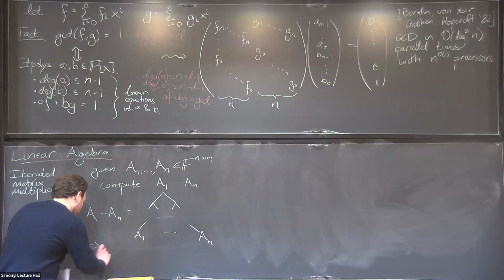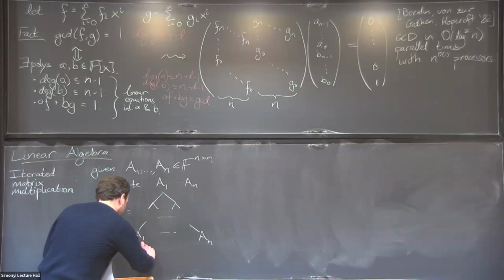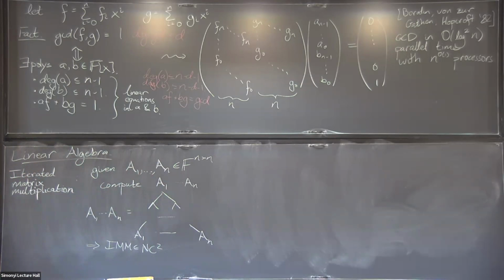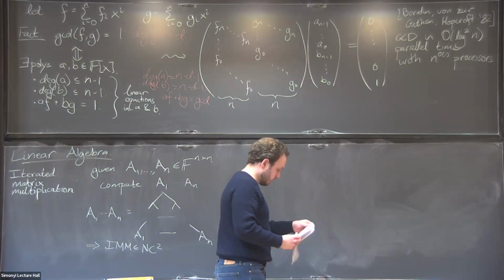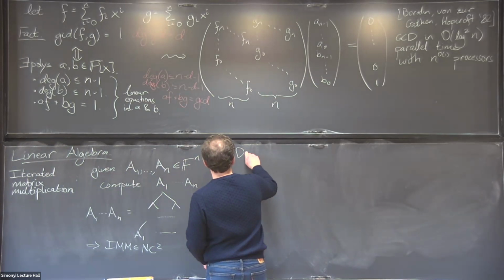So our sanity check is good. We can at least do this iterated matrix product in this class NC2, polynomial size, log squared depth. We can do that.